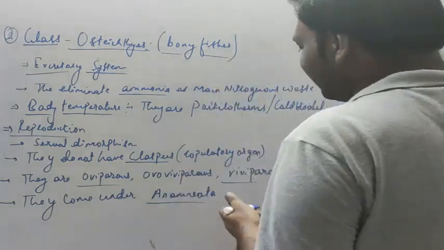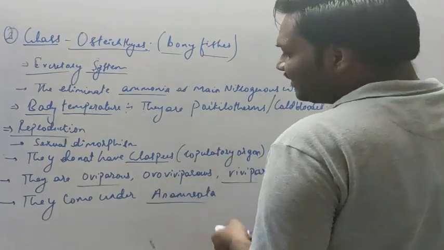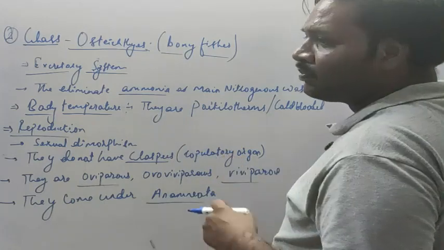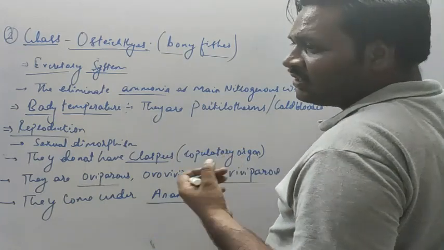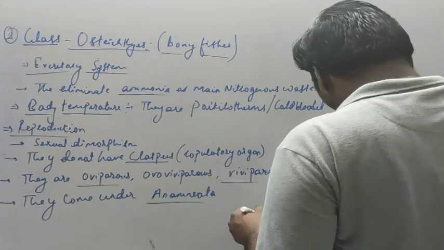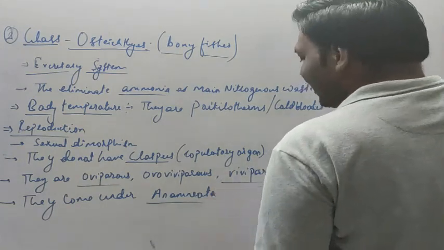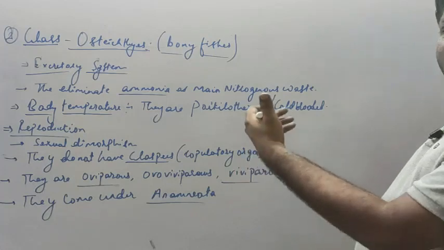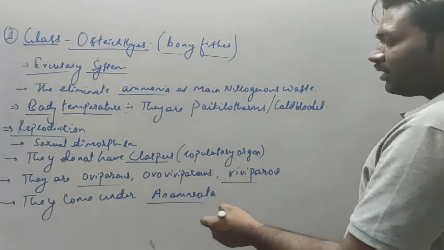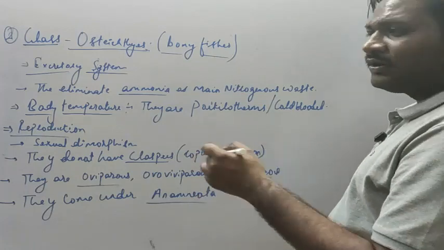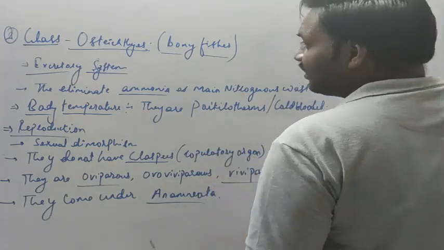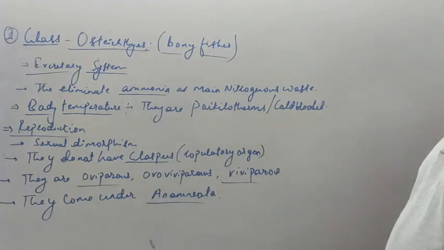It is a sticky substance which provides nourishment to the developing fetus, but in case of these animals the amniotic layer is absent, so they are called anamniota. Amnion means extra embryonic layer. So these are the certain characteristic features of the bony fishes.